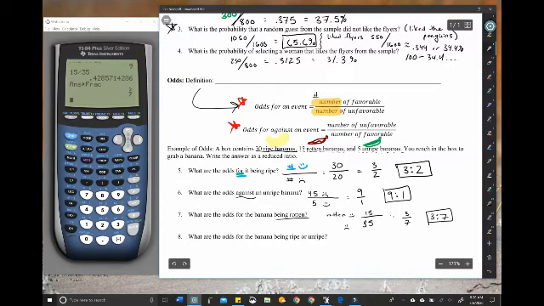Okay. And the odds for the banana being ripe or unripe. For means we want the thing that's mentioned up top. So ripe or unripe. There's 30 ripe, 5 unripe, so 35. We want the things that aren't down below. There's 15. So it's essentially the opposite of the one up top, and 7 to 3. Okay.